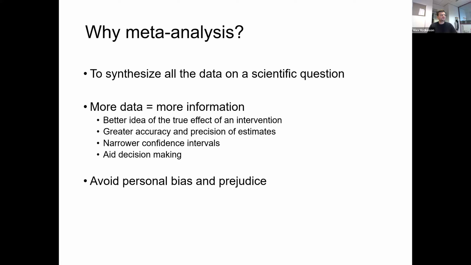We have a greater idea of the true intervention effect, greater accuracy and precision. And the precision is really key here because when we're pooling across multiple studies, we're essentially getting a much more precise estimate of where the true treatment effect is going to fall within. So we get narrower confidence intervals.